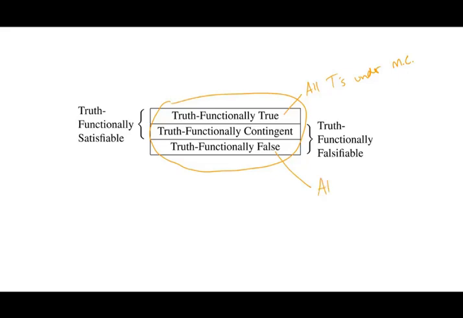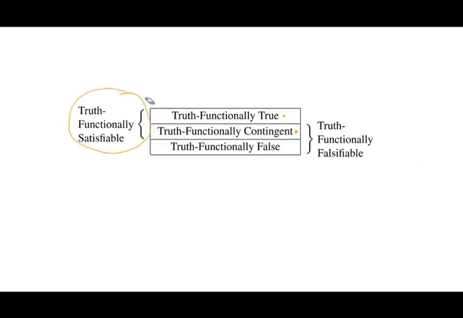Truth functionally false means all F's under the main connective. And truth functionally contingent, some T's, some F's. But of course, if you have a sentence that's either truth functionally true or truth functionally contingent, then it's truth functionally satisfiable because it's going to have at least one T, and of course more if it's truth functionally true. But again, if it's truth functionally false or truth functionally contingent, then it has at least one F under its main connective, so it's truth functionally falsifiable.